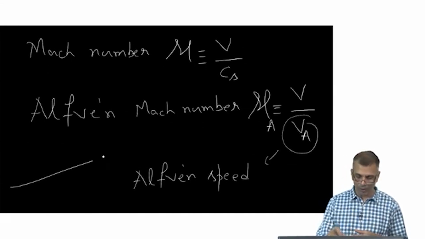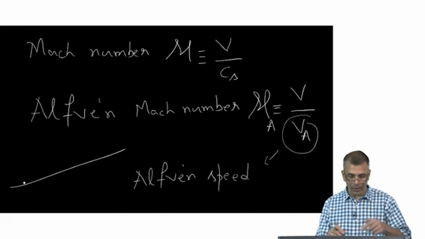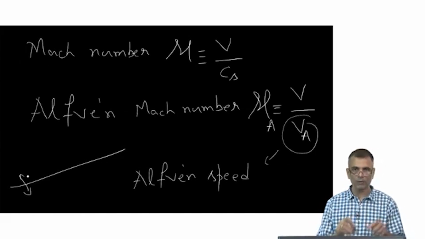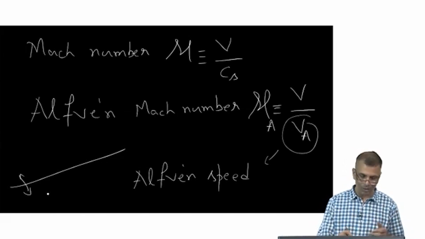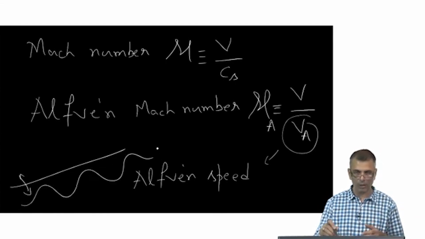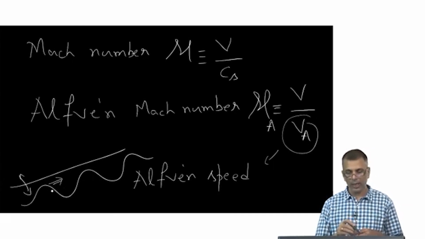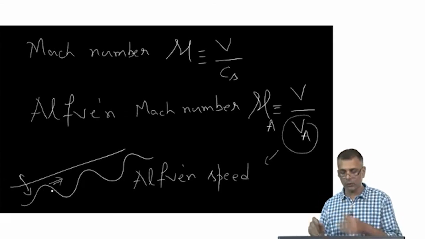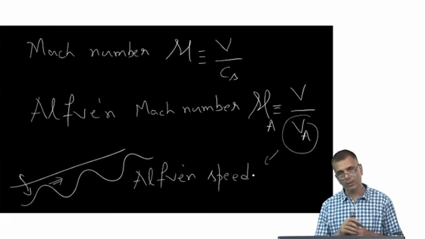Consider a magnetic field line like so, you twang it, you introduce a transverse perturbation on it, that results in the magnetic field line doing this, much like a guitar string, and a wave travels like that, and the speed at which this wave travels is the Alfven speed.